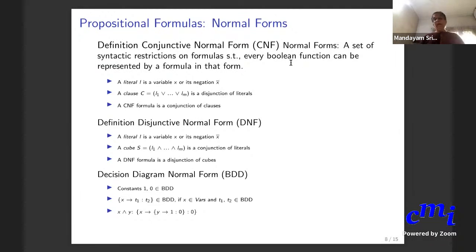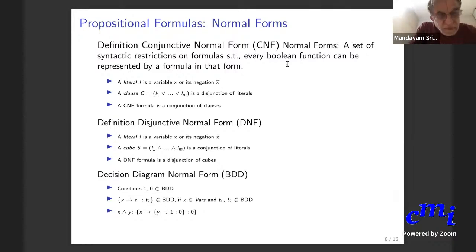A set of restrictions is said to represent a normal form if every possible Boolean function can be represented using a formula in that restricted set. In that sense, it is universal: you are able to define every possible Boolean function with those restrictions, by a formula belonging to that set.